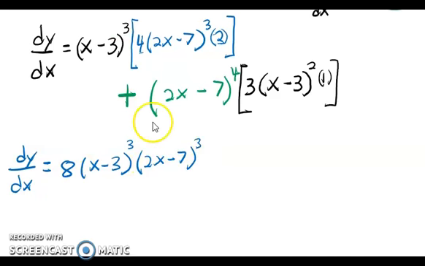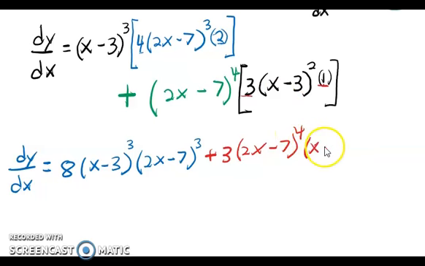This is the first part, and we will complete the second part here. Plus, now we have 1 here and 3 here as a constant. We multiply this, we get 3(2x minus 7) to the power of 4, and here we have (x minus 3) to the power of 2. So this is our final answer.